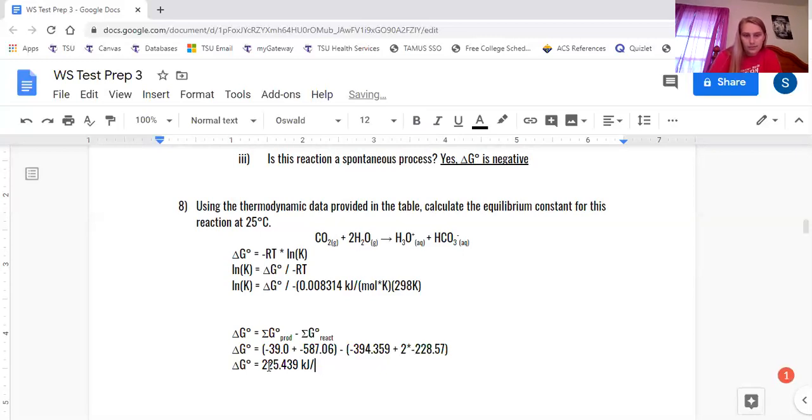And so we have our delta G. So we can go ahead and plug this in up here for this delta G right here.